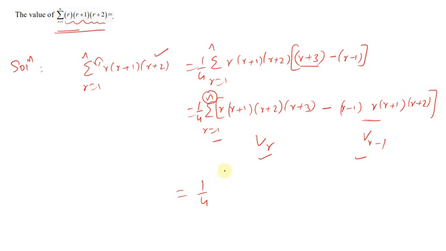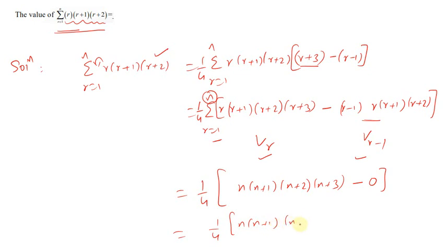So let me see what happens. n into (n plus 1) into (n plus 2) into (n plus 3). I substituted n in place of r in V r, and let me substitute r equals 1 in V r minus 1. This becomes 0. So entirely 0 into something, you are getting 0. So this will be the final answer: 1 by 4 into (n plus 1) into (n plus 2) into (n plus 3).